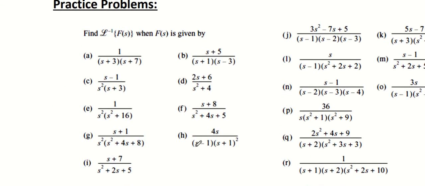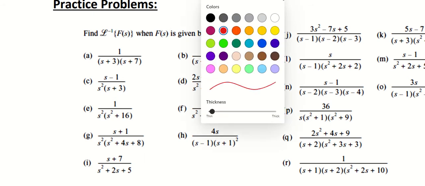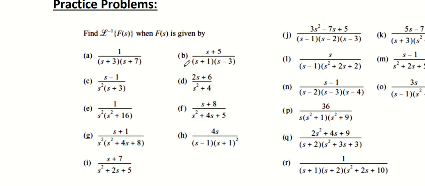Now let me solve another question, for example question B. You have S plus 5 over S plus 1 and S minus 3. So first we have to define the variable. The variable is SYMS space S. Then F capital is equal to, here we have the numerator S plus 5. For this one we need to write it in a bracket.